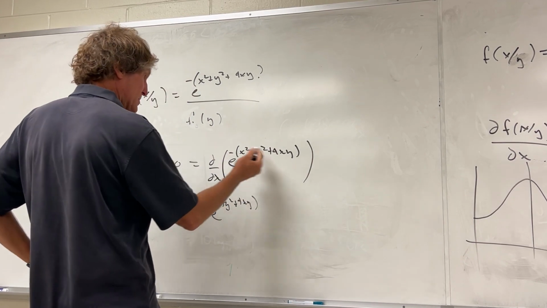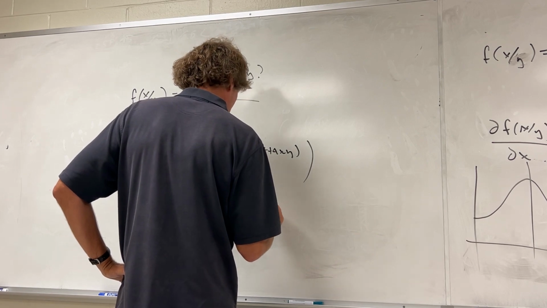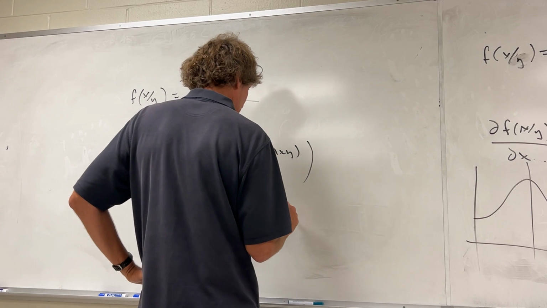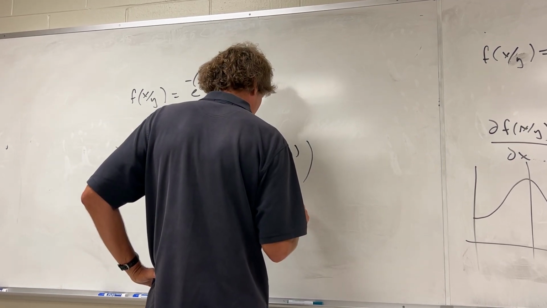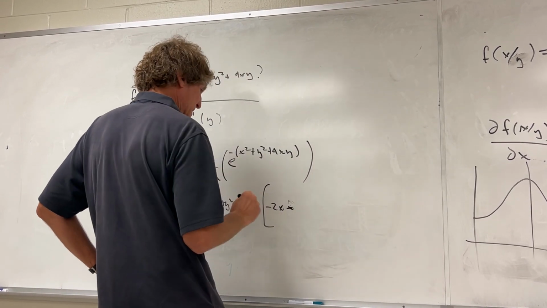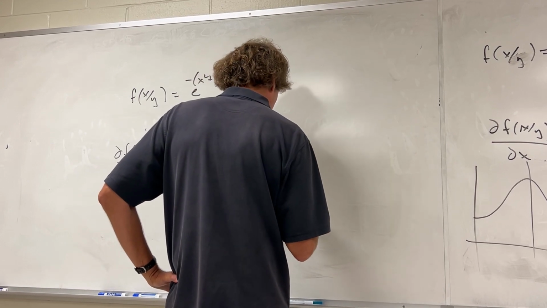And then when I take a derivative of the inside, I get minus 2x right here, minus. It's going to be a minus because there's a minus in front. So it's that minus 4y.